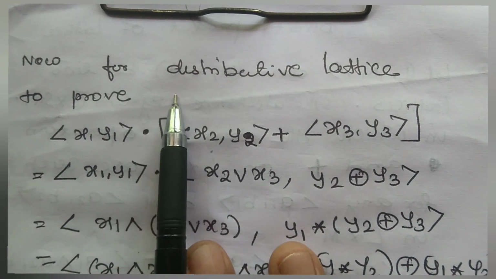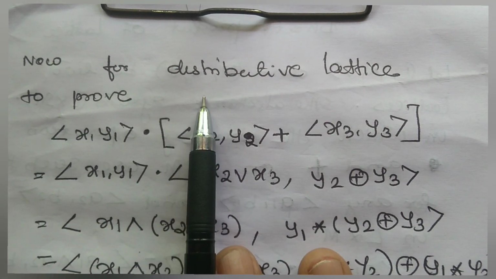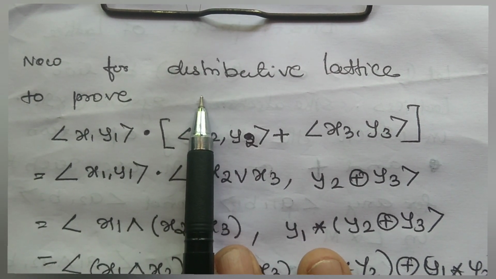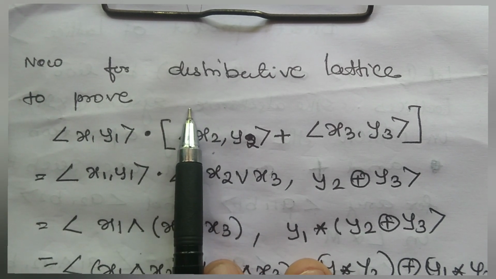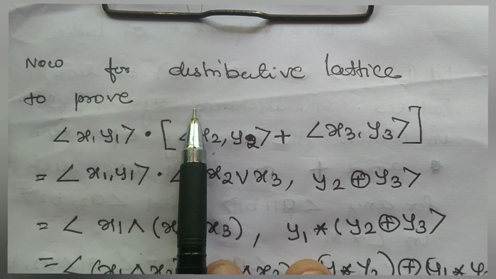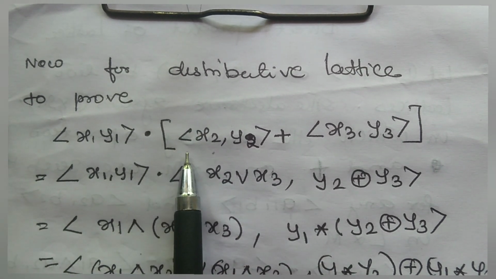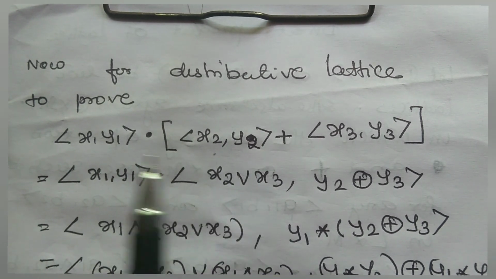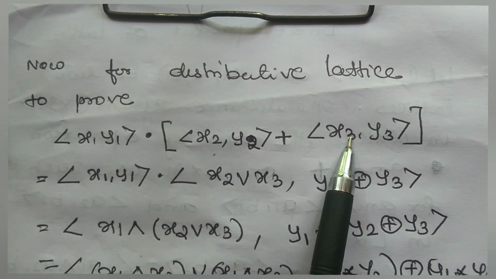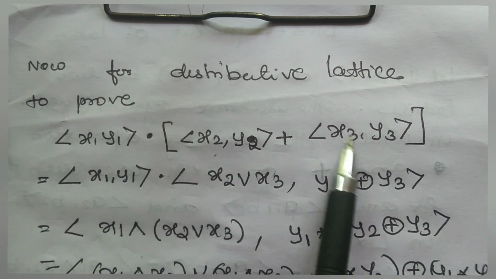Now we take the second one. We have already proved that L cross M is a lattice. So finally we need to verify whether the distributive condition is satisfied. What is the distributive condition? A dot (B plus C) is equal to (A dot B) plus (A dot C).